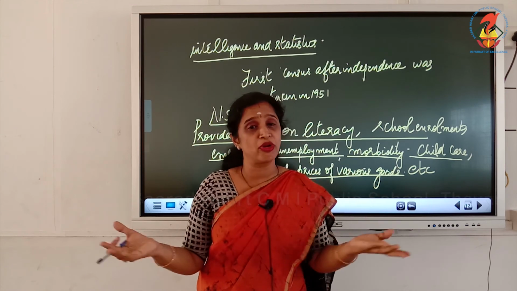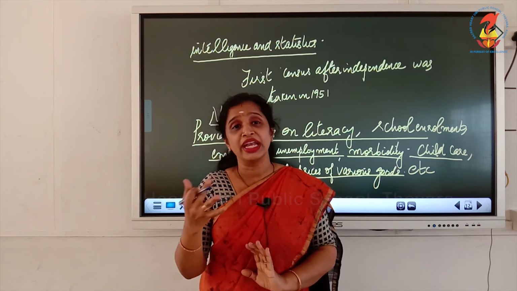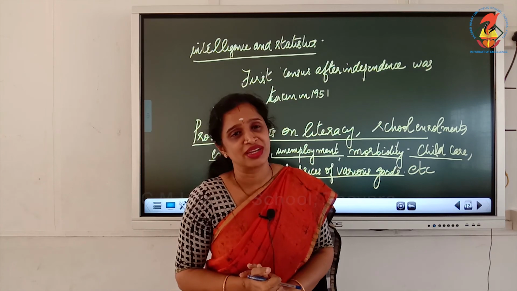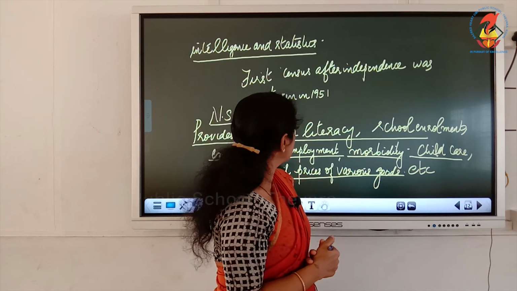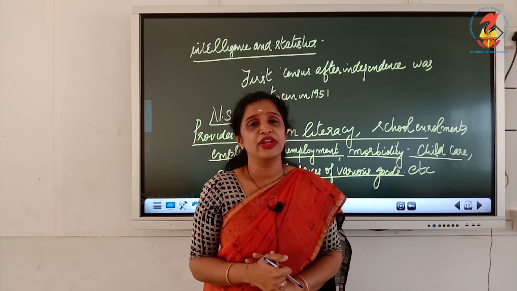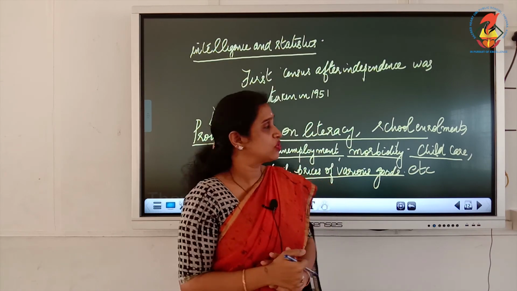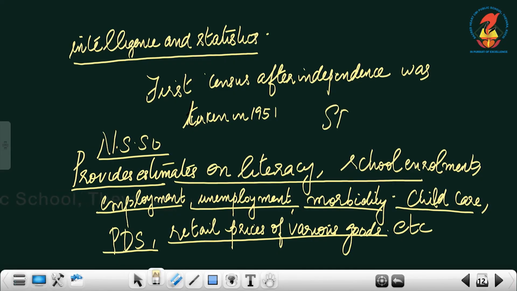So N.S.S.O is a very efficient body which collects the details regarding employment level, unemployment level, literacy rate and even the number of livestock in our country, and they publish it in their journal known as Sarvekshana.